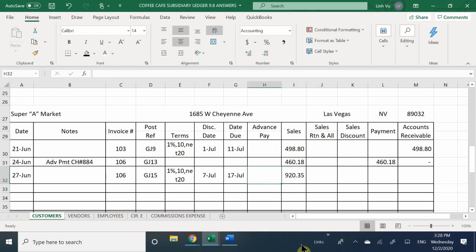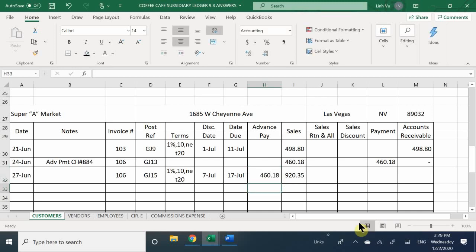All right, so now I'm confused. Here's a quick lesson. Here I have to put the advanced payment in. Yes. That's where I was like, wait, why isn't it working?